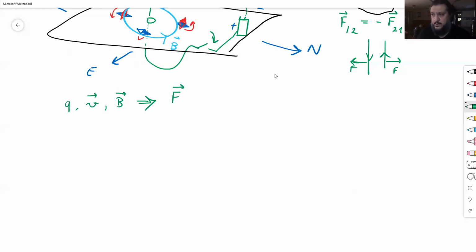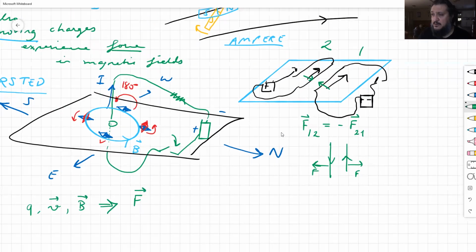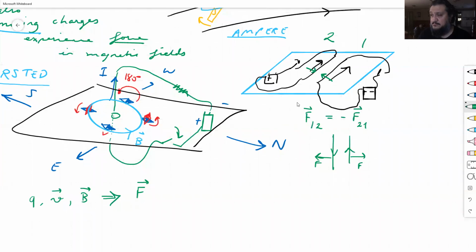Now, we already know the direction of the force, because by definition, the current is the direction of the motion of positive charges. So, if you go back to the example, or experiment of Ampere, the positive charges are moving, for instance, in this direction. In reality, it's the electrons moving in the opposite direction, but don't worry about it.